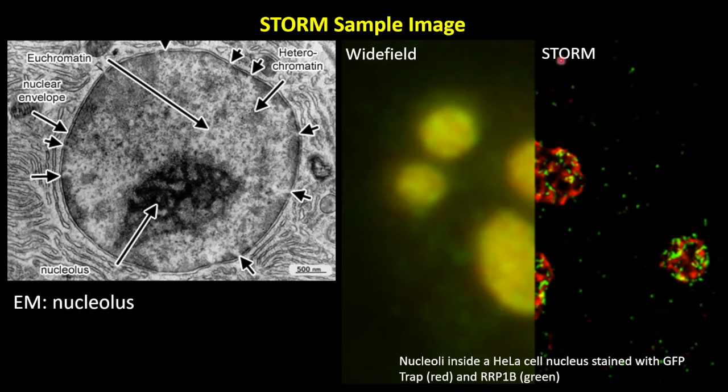But if you use super-resolution, for example STORM, labeling two proteins here, by STORM resolving, you can see they actually don't look really colocalized. There's some fine structural detail in there, because STORM has a very high resolution, which is kind of similar to EM. But with EM, usually if you use uranyl acetate staining, it gives you a very dark image. You're not going to see any detail, but STORM can resolve very fine detail.